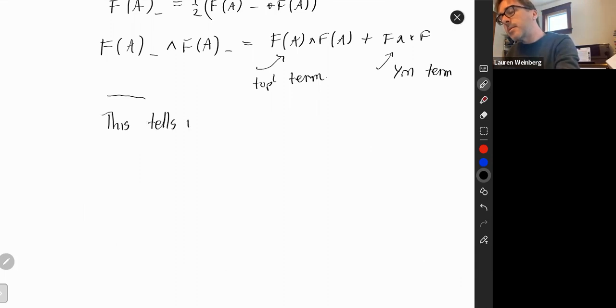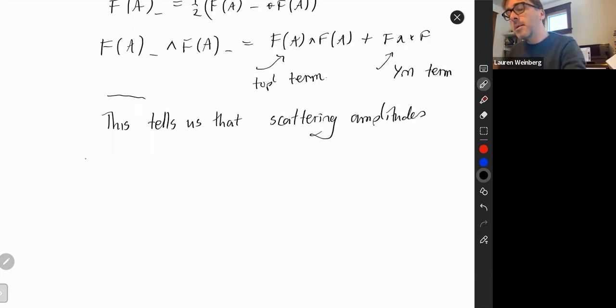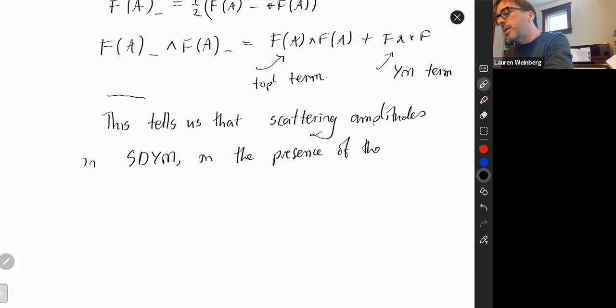It tells us that scattering amplitudes in self-dual Yang-Mills in the presence of the operator trace B squared are certain QCD amplitudes.